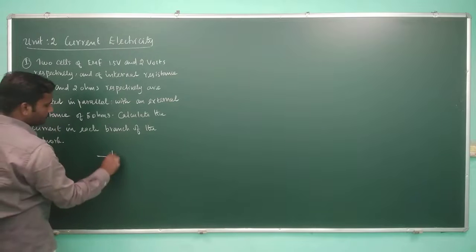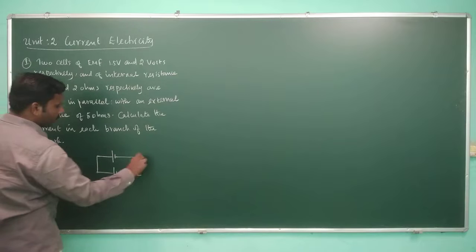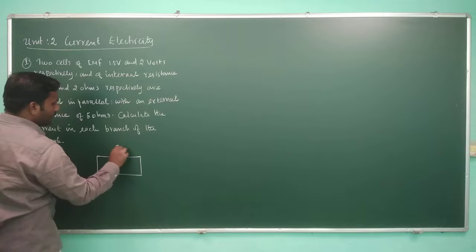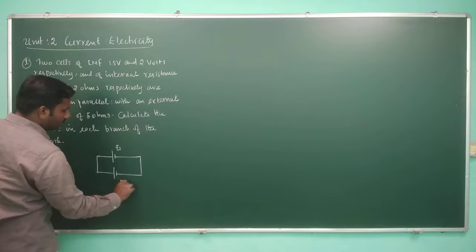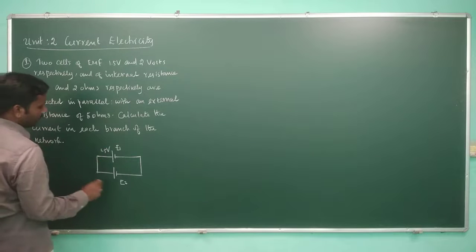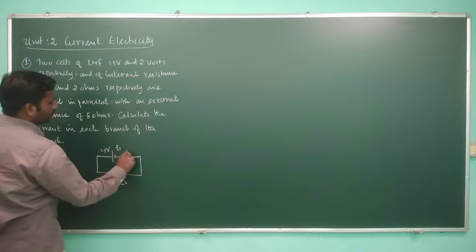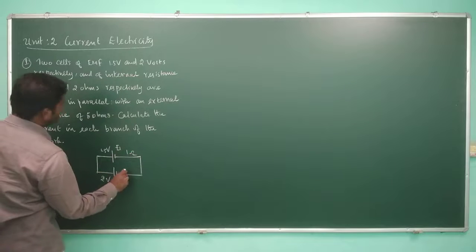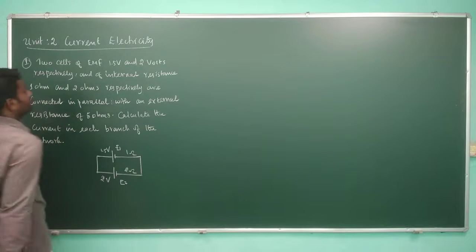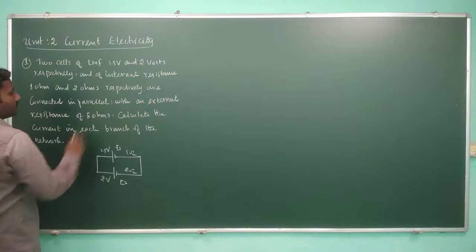So let's draw two cells which are connected in parallel. One is E1, another one is E2. First has the value 1.5 volt, second has the value 2 volt, and internal resistance first has 1 ohm, second has 2 ohm. Now an external resistance of 5 ohms.